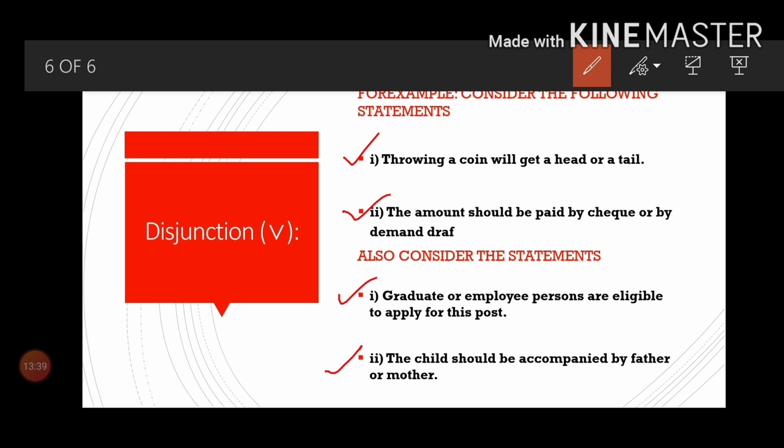Hence, it is the inclusive sense of 'or'. This is 'or', meaning disjunction.